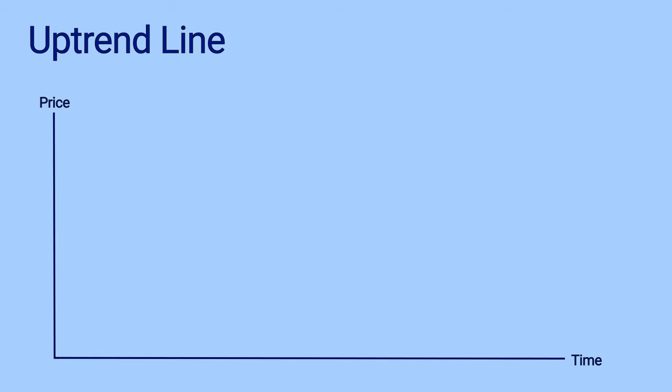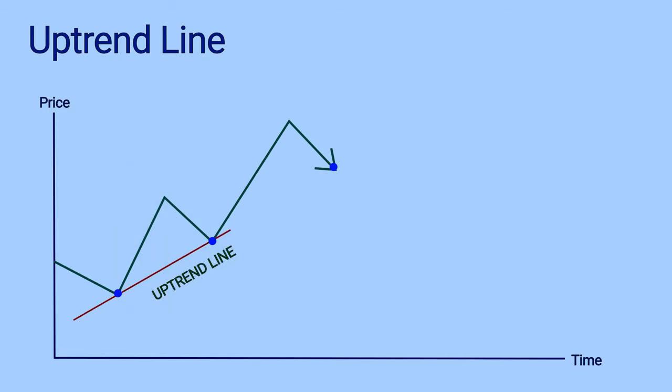When in the uptrend we see the prices pulling back after some kind of up move, then from a particular point the price moves higher, and then again on the second pullback the price makes a new low. Joining these two points we make a trend line. Now a trend line is formed.